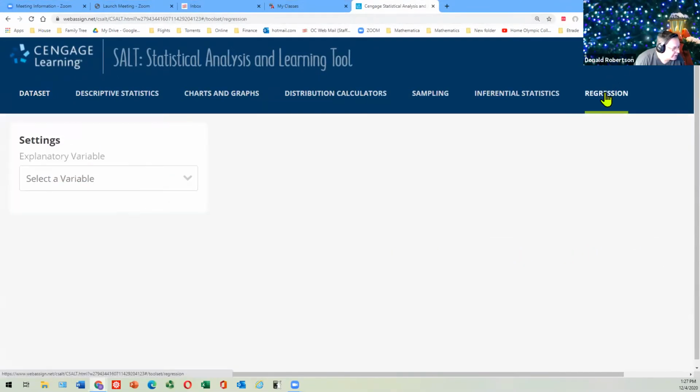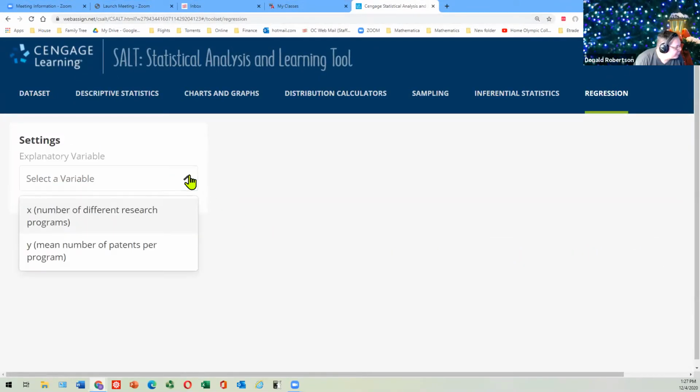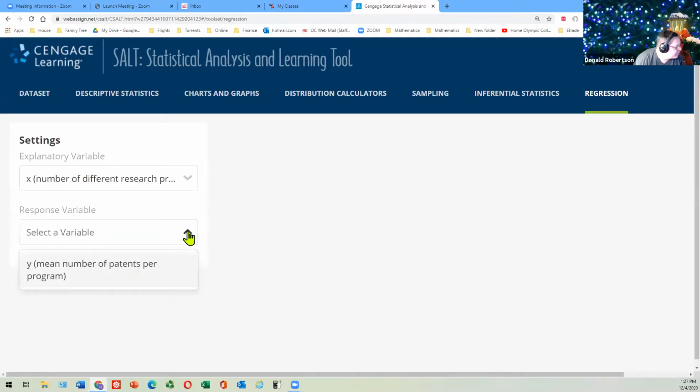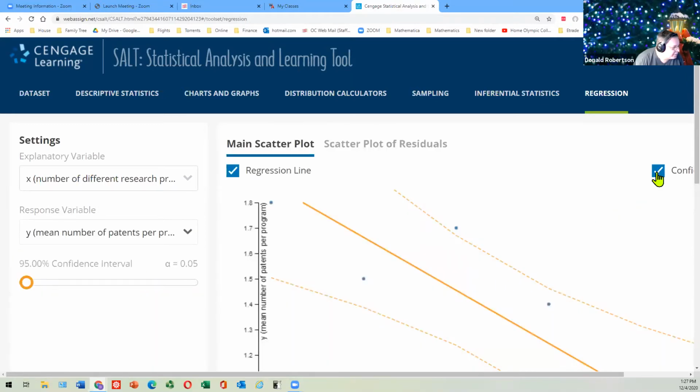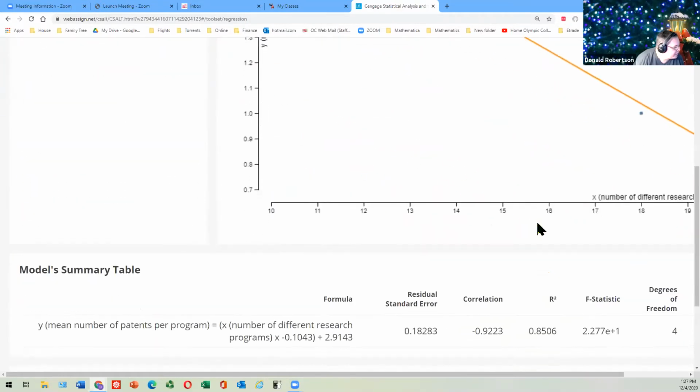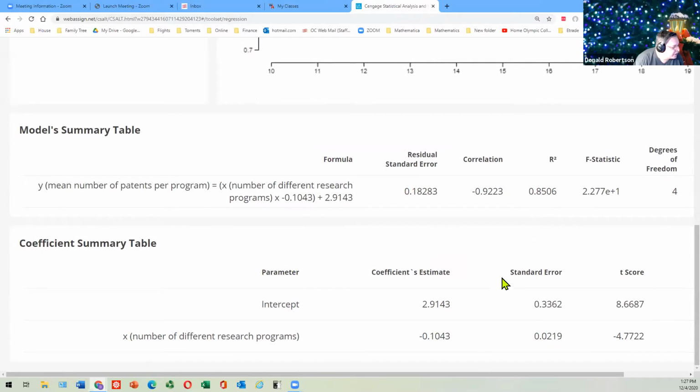So we're going to go to regression. The first variable is number of research programs and how many patients there are. And the 2 guys we're interested in, A is the intercept coefficient and B is the slope coefficient.